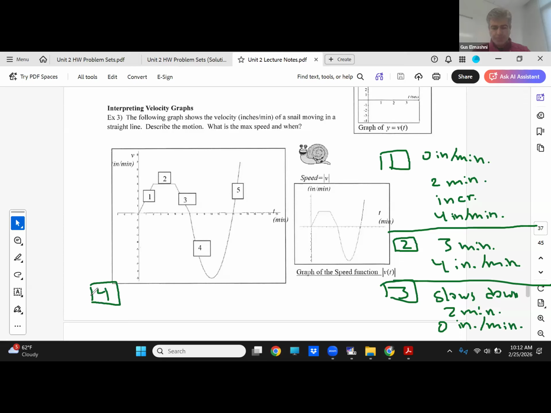Now it travels in the opposite direction for clearly 6 minutes. And during those 6 minutes, it's doing 2 things. It's speeding up and slowing down.